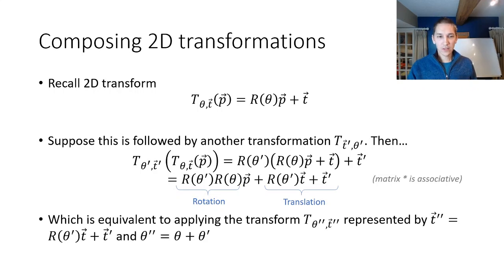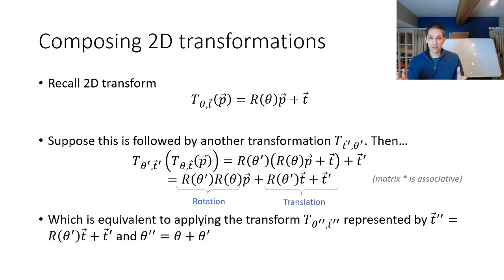So what this means is that this whole composition of these two transformations is equivalent to applying a single rigid transform where the representations are basically functions of the original representations. So t double prime here is equal to R of theta prime times t plus t prime.